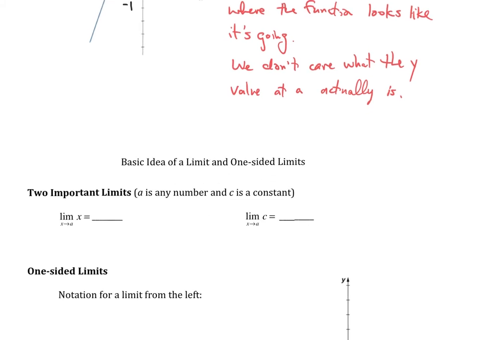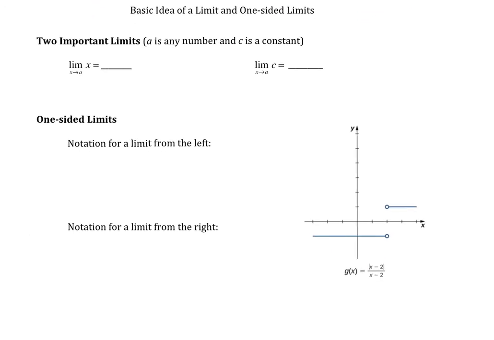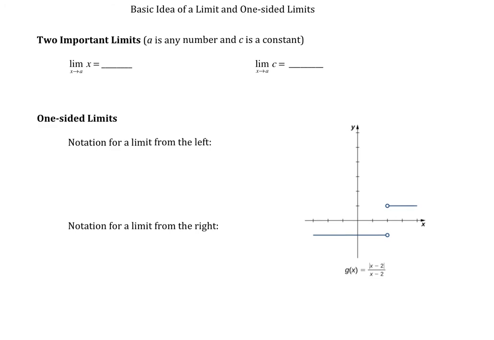Let's scroll down. I want to tell you about two important limits. The first important limit is the limit as x approaches a of the linear function x. That's just equal to a.